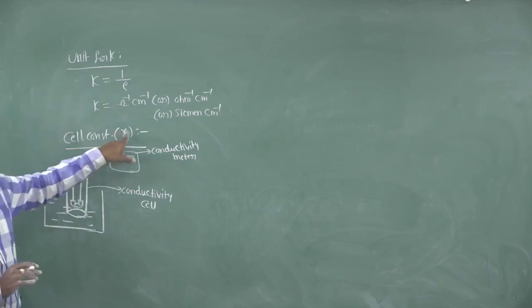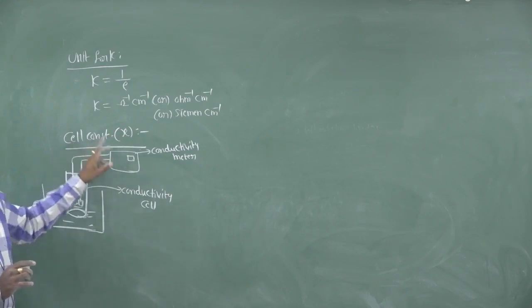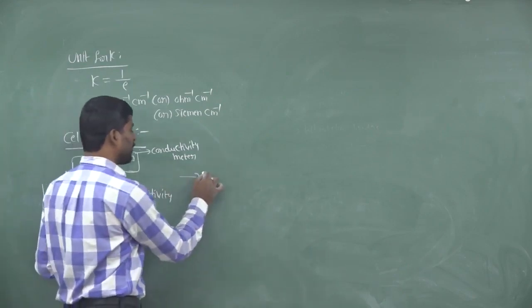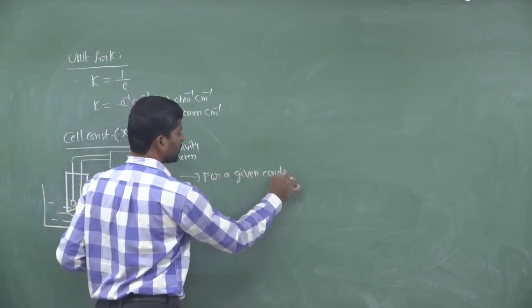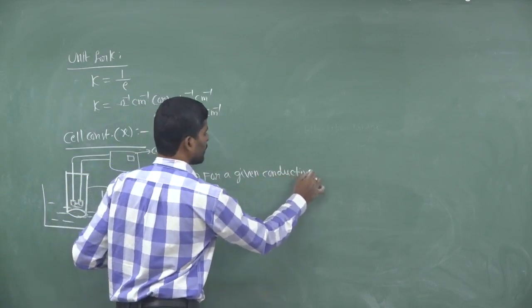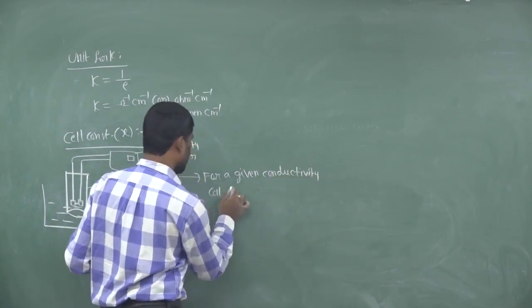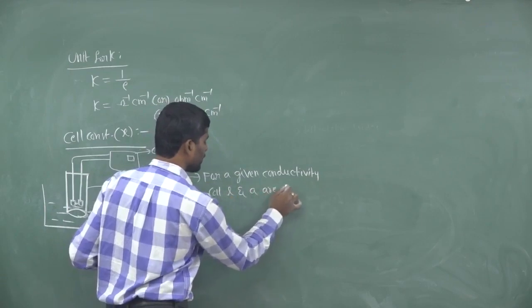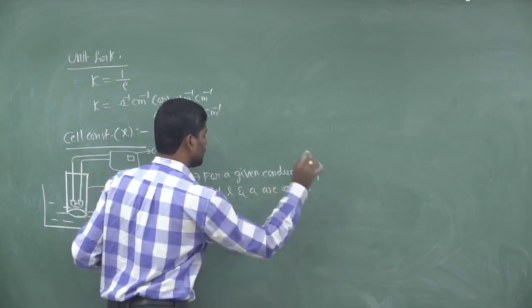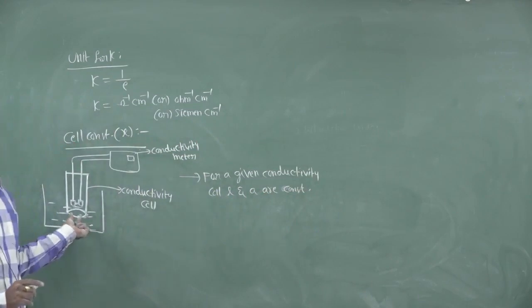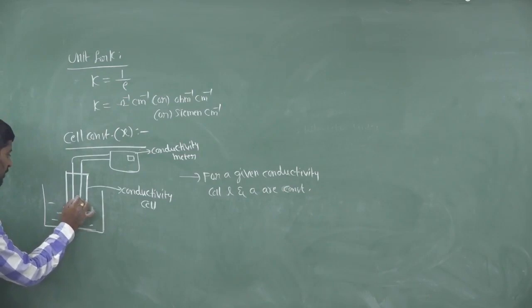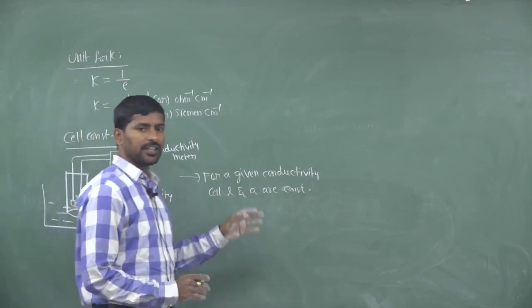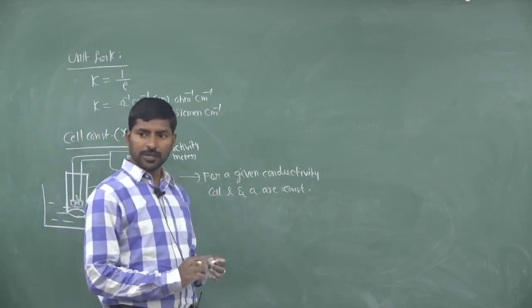That L by A is called the cell constant.